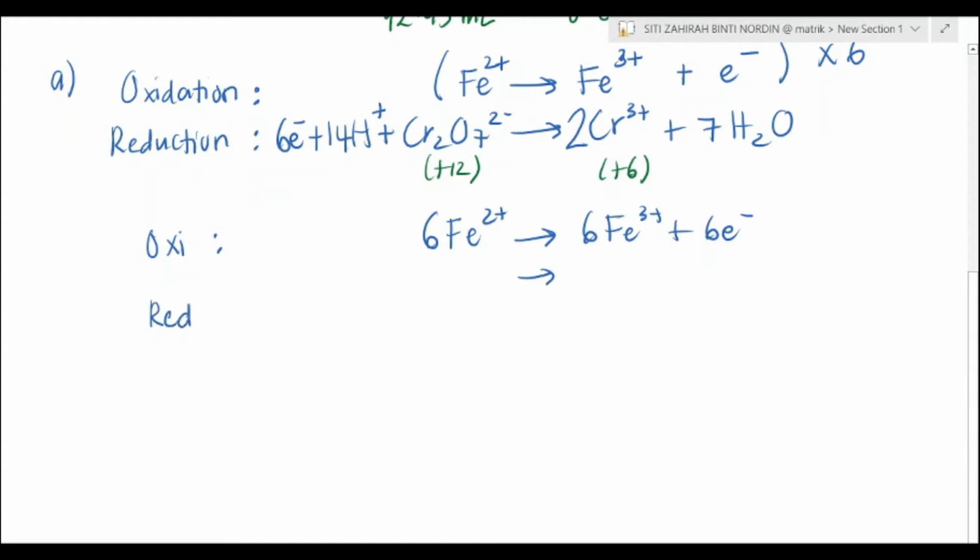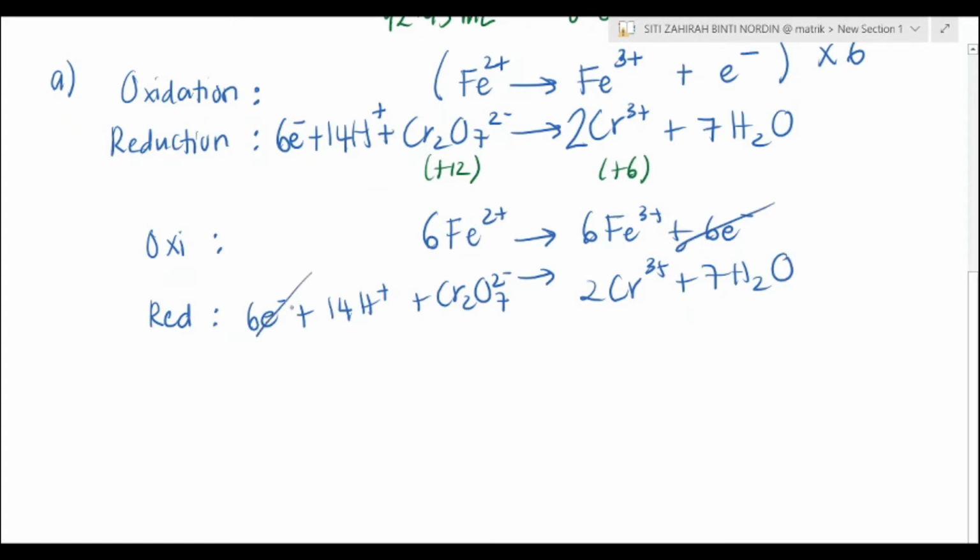For your reduction, just copy down the one you wrote before. Now cancel off your electrons, and check if there are any similar compounds on both reactants and products. Do we have any? No. Okay, so your overall equation you can write.